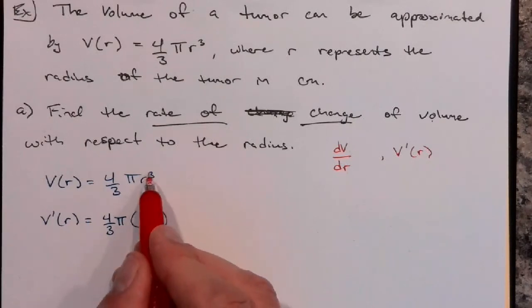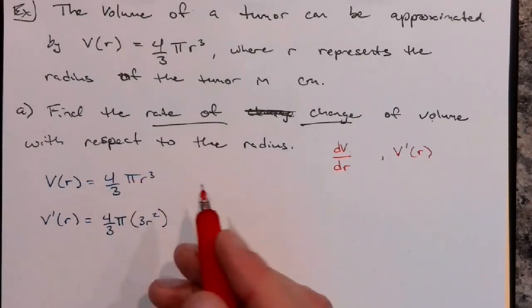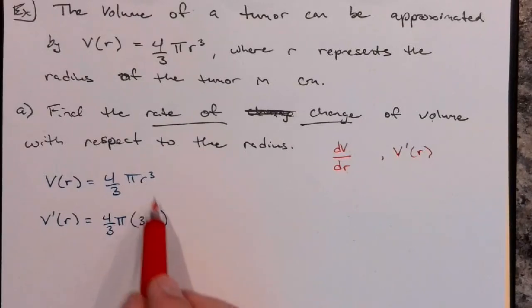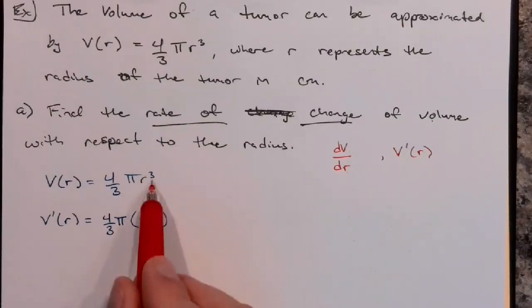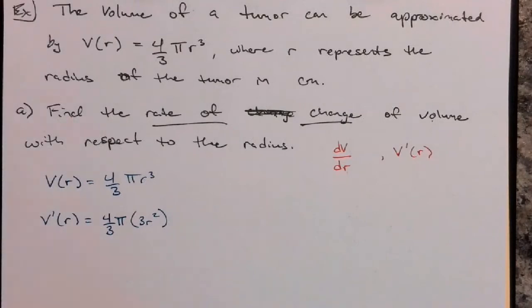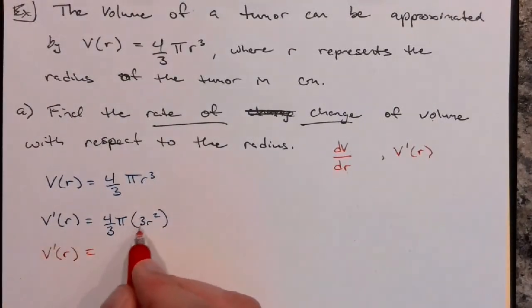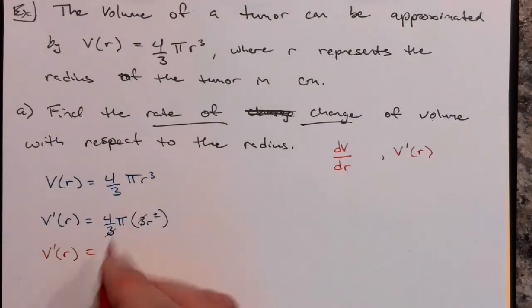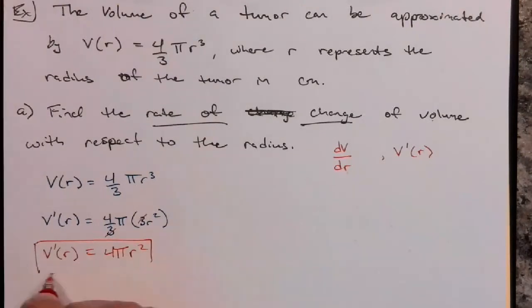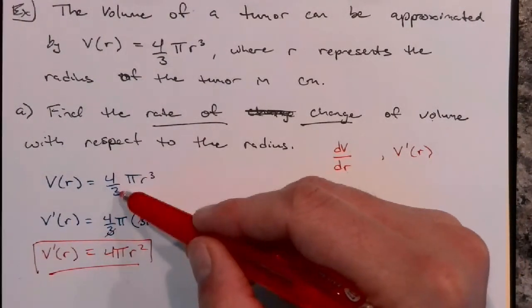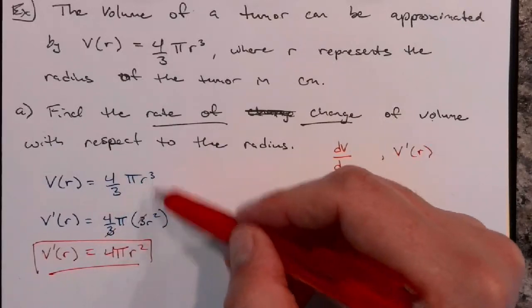What we did earlier is we just said bring the 3 down in front and multiply. And you could do that as well. So the constant stays in front times the derivative of the function, which brings the 3 down, and subtracting 1 from the power gives 3r squared. Then we simplify: V prime of r is equal to, these 3's cancel, so you end up with 4 pi r squared. If you just brought the 3 to the front, 3 times 4 is 12, divided by 3 gives you 4, and then pi r, and subtract 1 from the exponent.